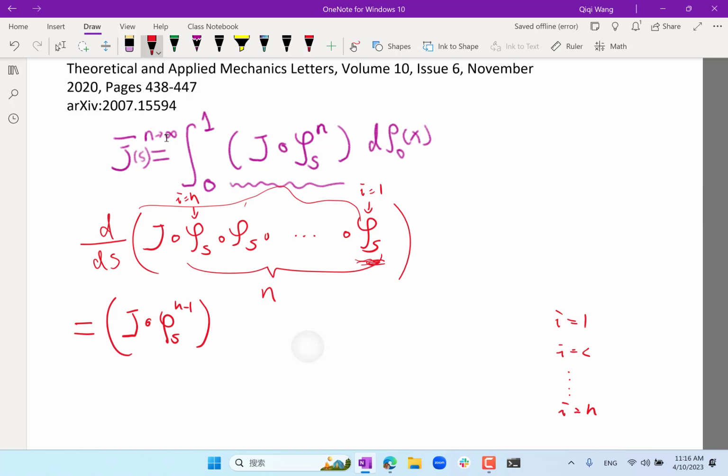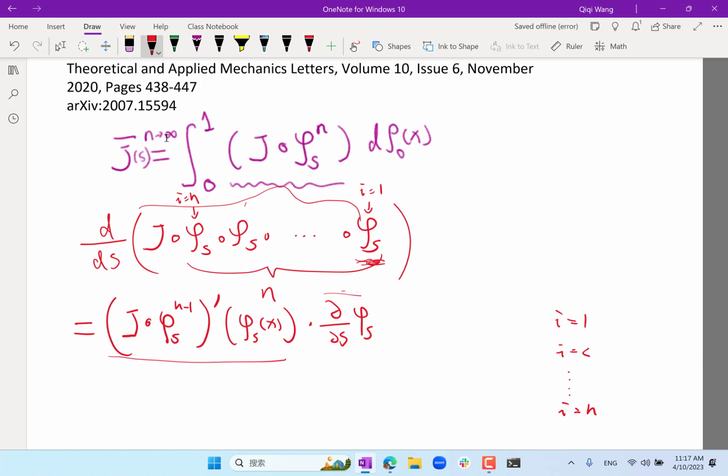Its derivative is taken as a function of the independent variable, not s, and evaluated at phi_s of x, and times the derivative of phi_s with respect to s. This is the function that gets perturbed. This is the function that did not get perturbed. So this is i equal to 1, perturbing the last function in the chain.